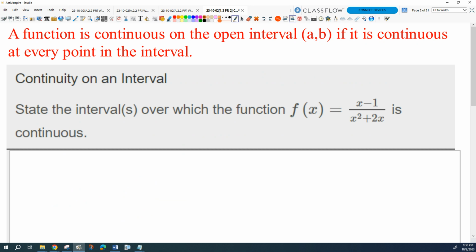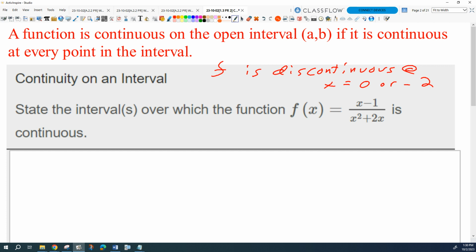Because those are the zeros of the denominator. Everybody give me thumbs on that. Does that make sense? Okay, good. So we could say f is discontinuous at x equals 0 or -2, right?